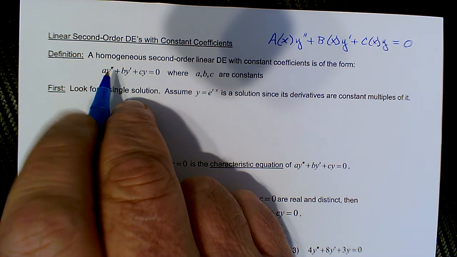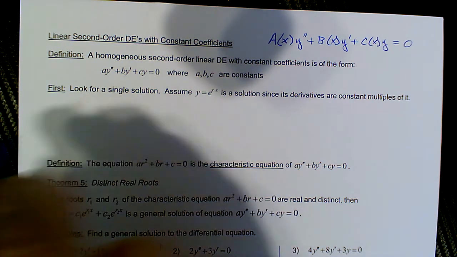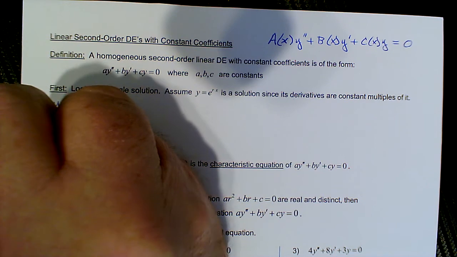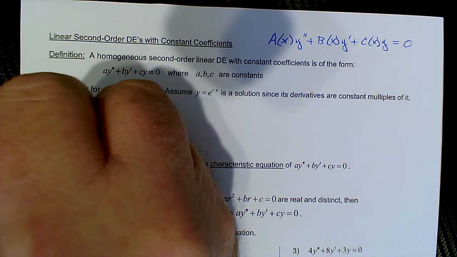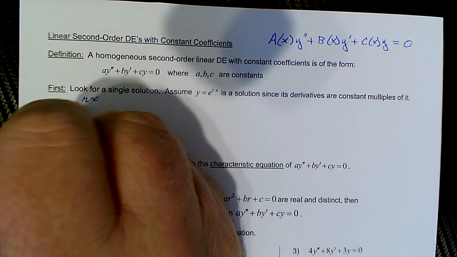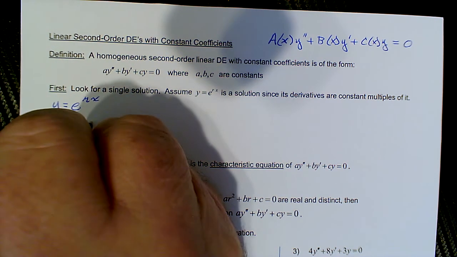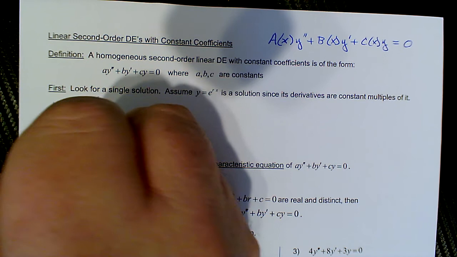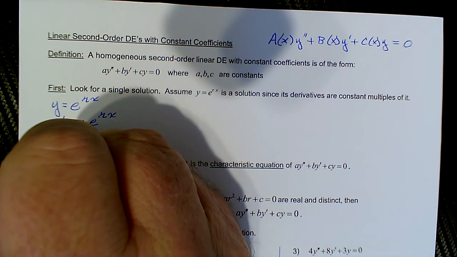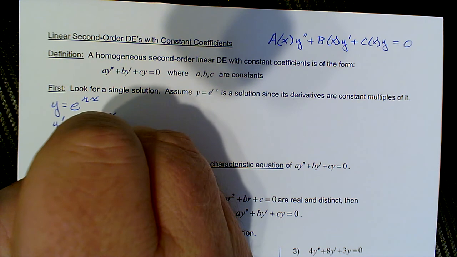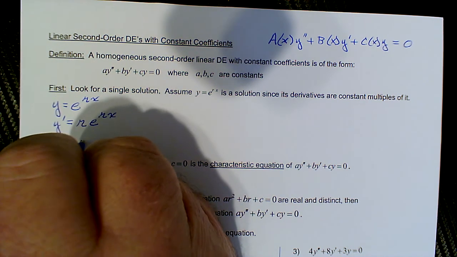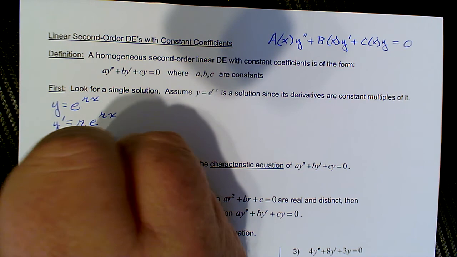So let's show that in particular here. If we're assuming y equals e to the rx is a solution, we'll calculate two derivatives. y prime would be e to the rx times r, or r e to the rx. y double prime would be, the r is a constant multiple, so the derivative of e to the rx again, e to the rx times r, so r times r, or r squared e to the rx.